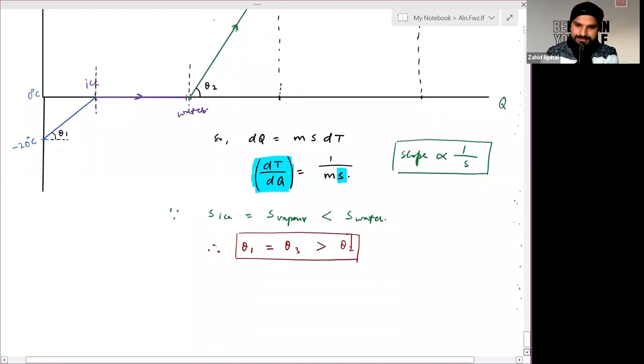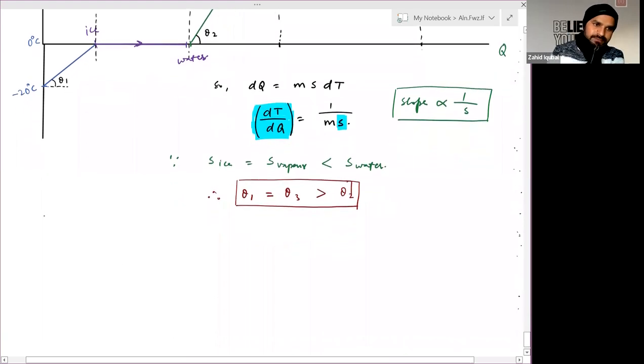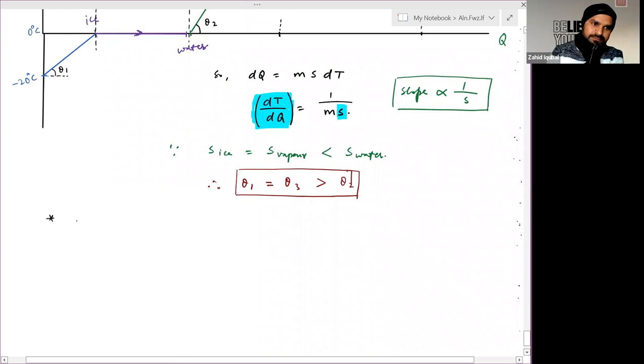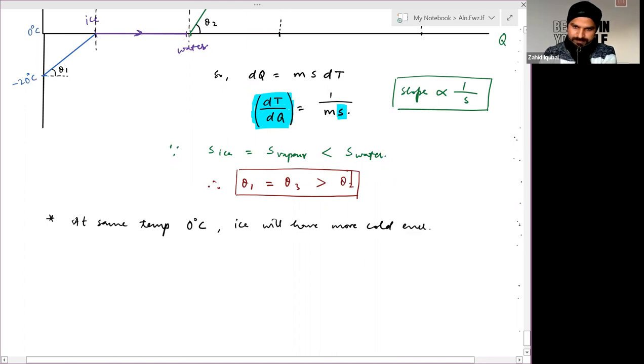So first, at the same temperature, 0 degrees Celsius, ice will have more cold energy, or lesser heat, as compared to water.